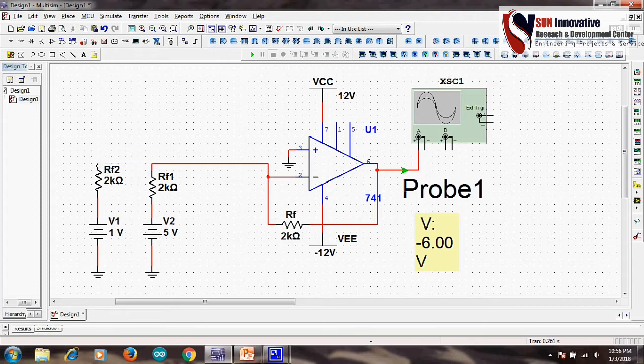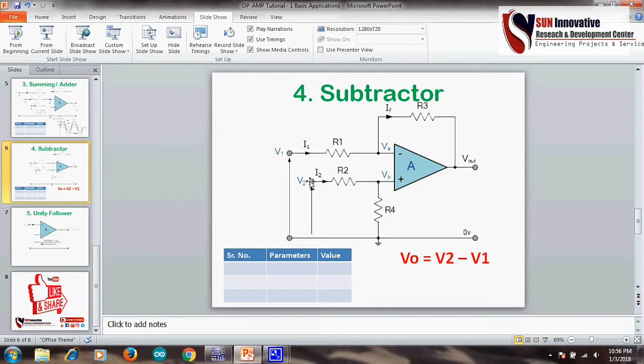Now we will connect it this way. So this is the feedback resistance. As in the circuit here, the V2 voltage goes to the positive terminal, the negative has the feedback resistance, and the R4 at the positive terminal is grounded.